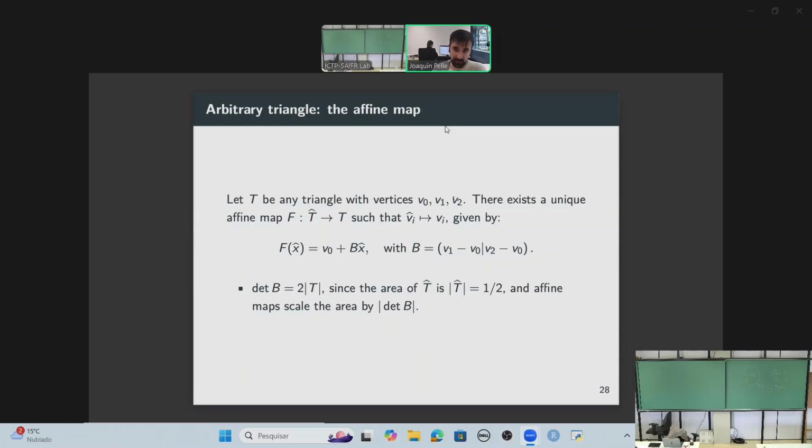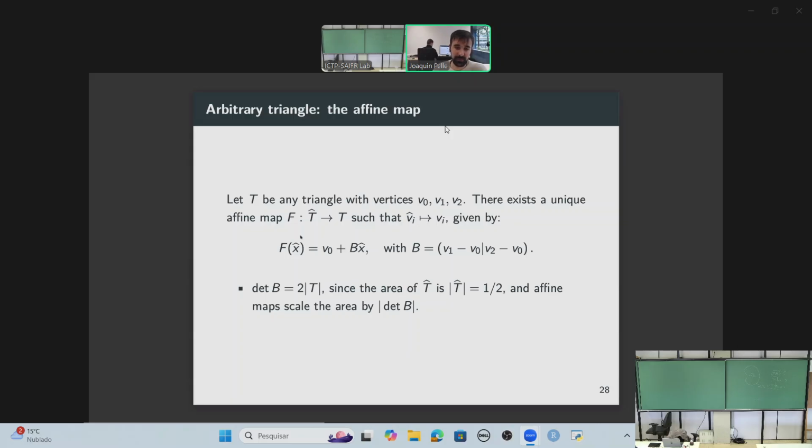So we're saying we know that there is such an affine map, and this map is also unique. And essentially we can define it as a map that takes each of the vertices and maps it to the corresponding vertex in the arbitrary triangle.